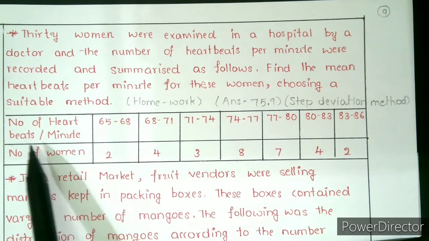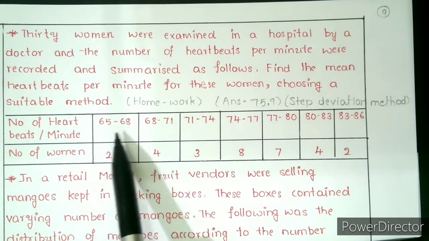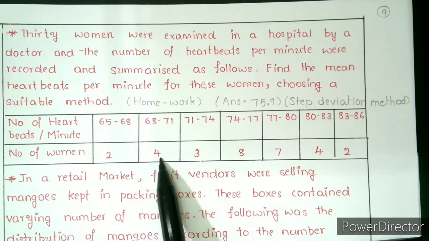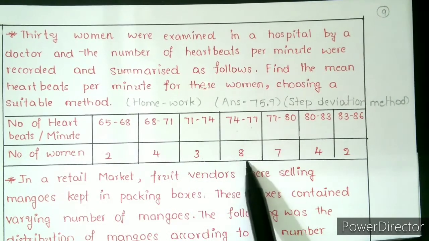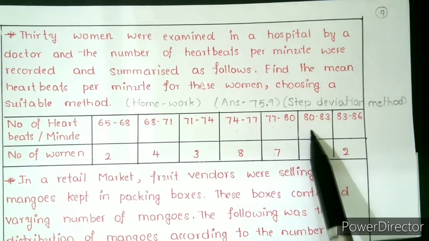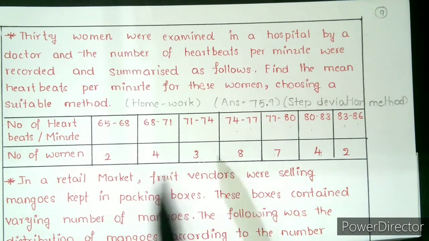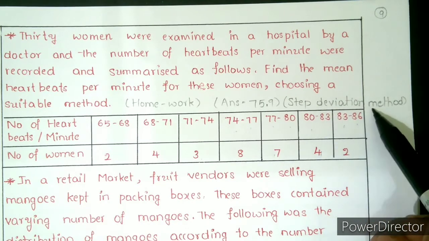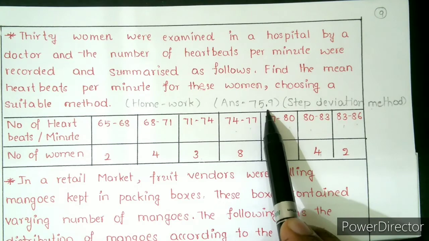Number of heartbeats per minute is taken as a class interval. 65 to 68 has 2 women, 68 to 71 has 4, 71 to 74 has 3, 74 to 77 has 8, 77 to 80 has 7, 80 to 83 has 4, 83 to 86 has 2. Go through the step deviation method. Answer is 75.9.